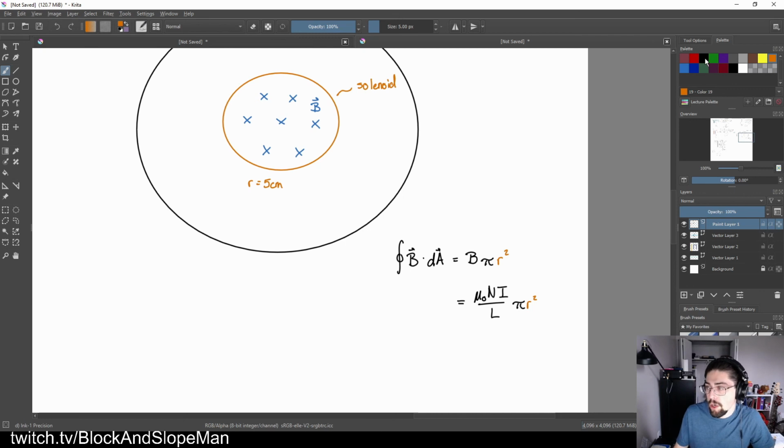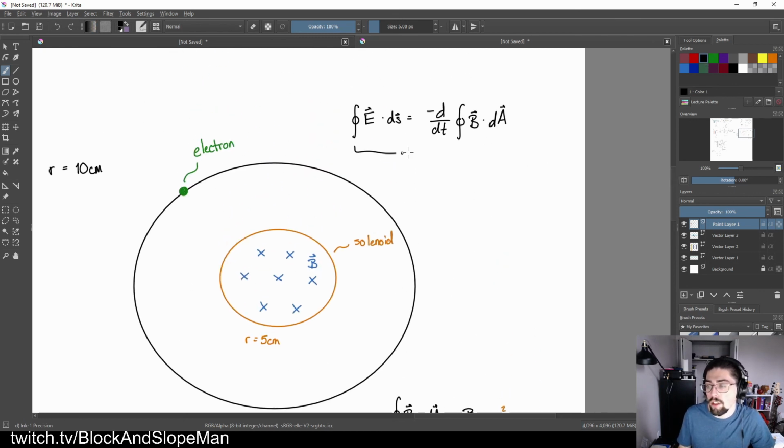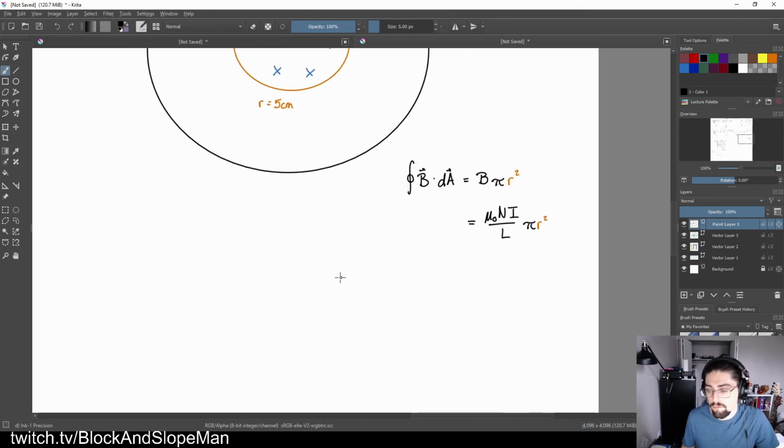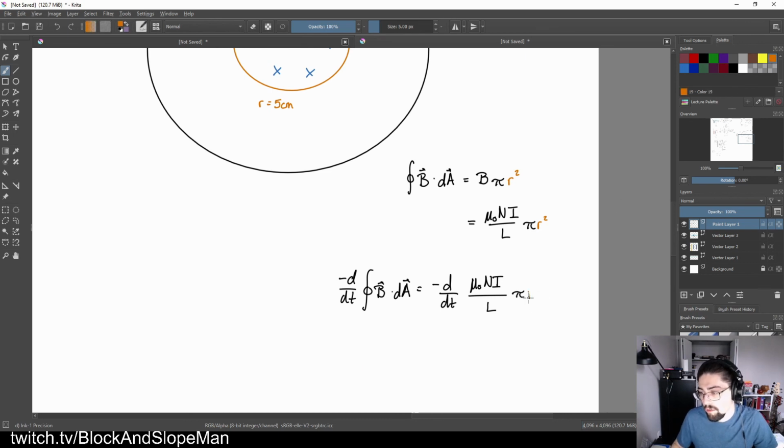Now that we have this expression for the flux, we look at this equation and say, hey, now we need a time derivative of what we have just found. Negative d/dt of this integral is equal to negative d/dt of mu naught N I over L pi r squared.